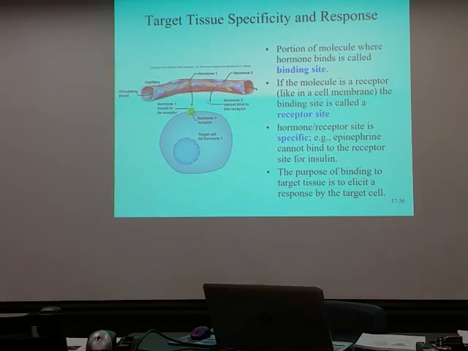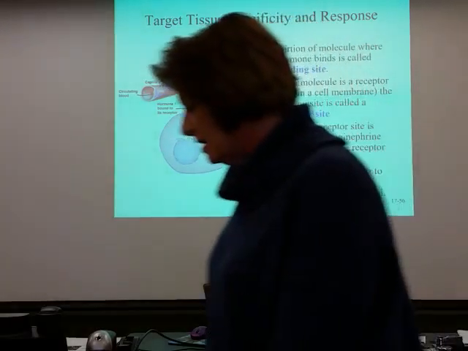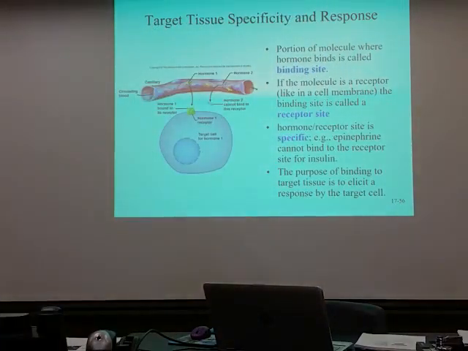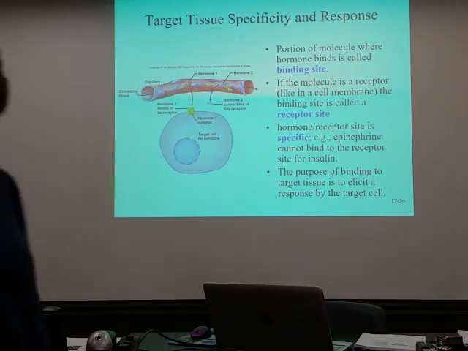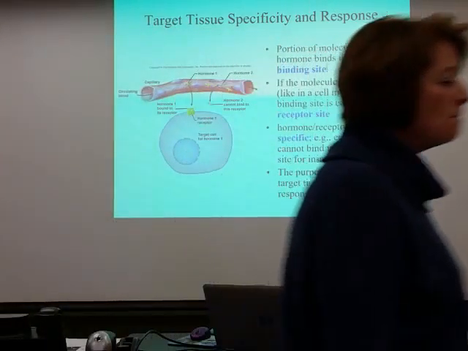Okay, so let's finish up chapter 17, the endocrine system. It has definitely been a fun chapter talking about hormones, these little chemical signals that are flying around in the body.